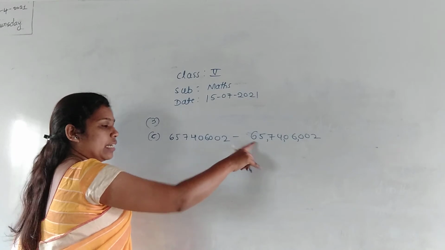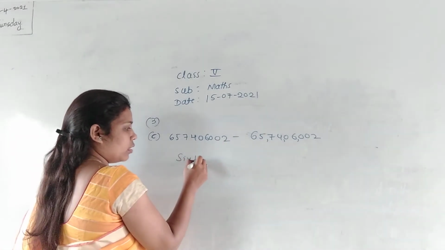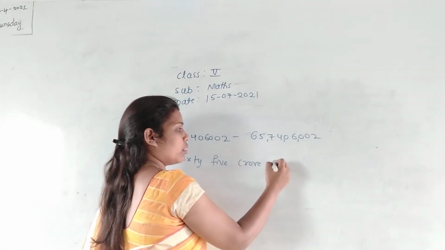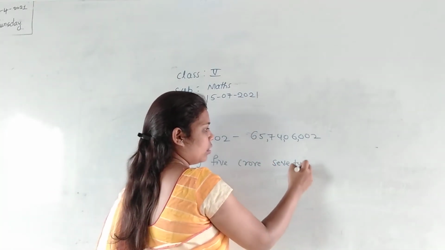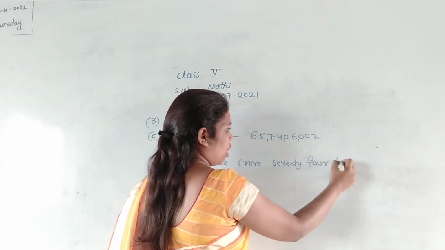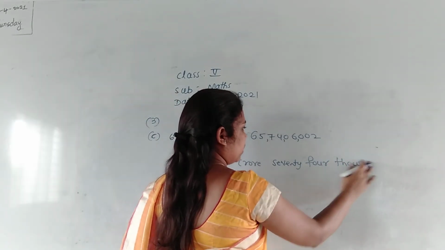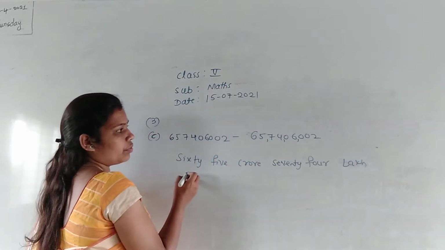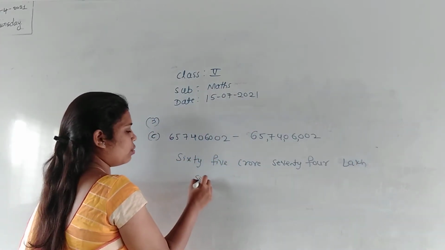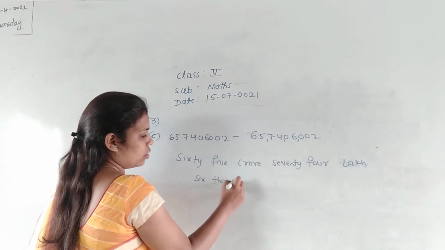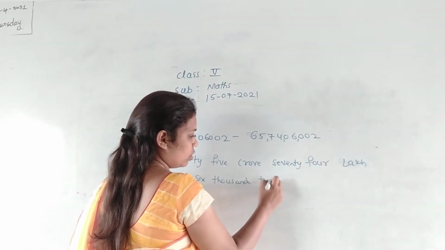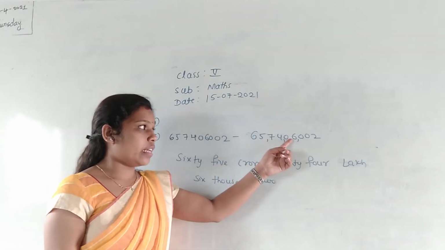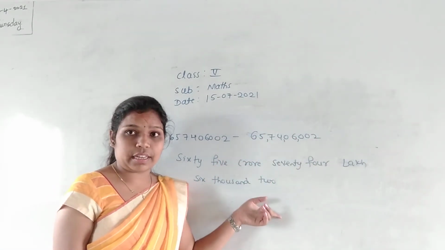So it is 65 crore 74 lakh 6,002. So 65 crore 74 lakh 6,002. This is the number name.